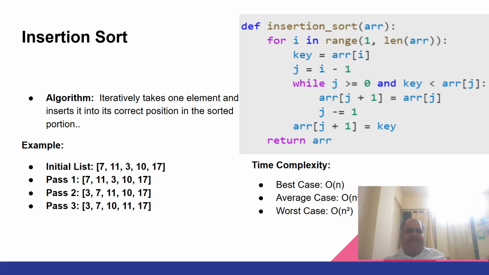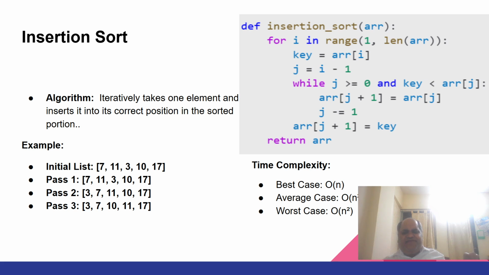And now let us look at the implementation, right? What you are going to do, you are going to loop i in range 1 till the length of the array, and then you take the ith element in your array as the key. Your j is actually just one prior to this, so your j is pointing to the ordered part first, right?